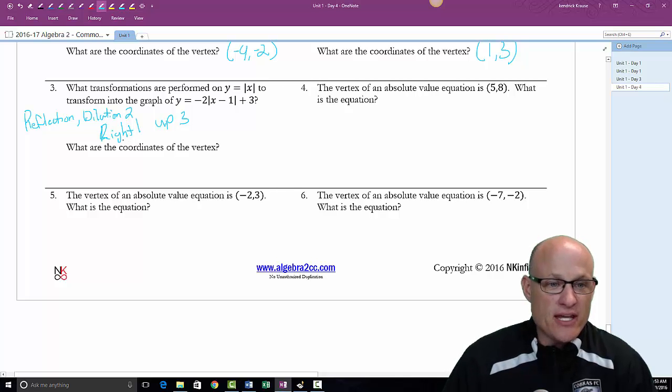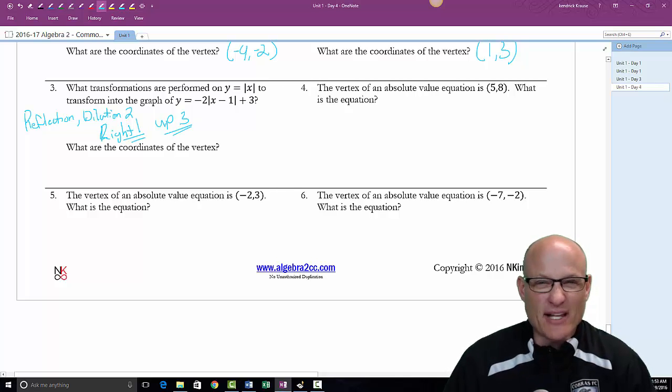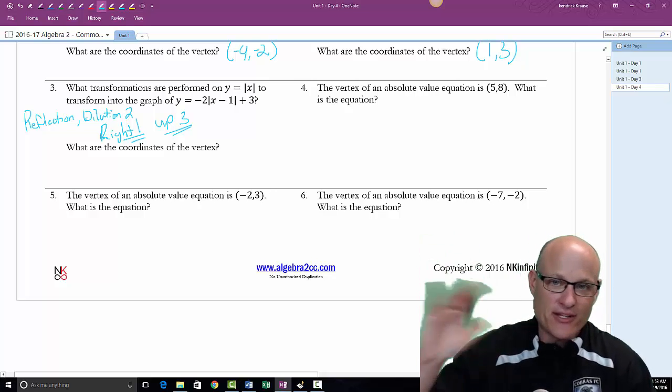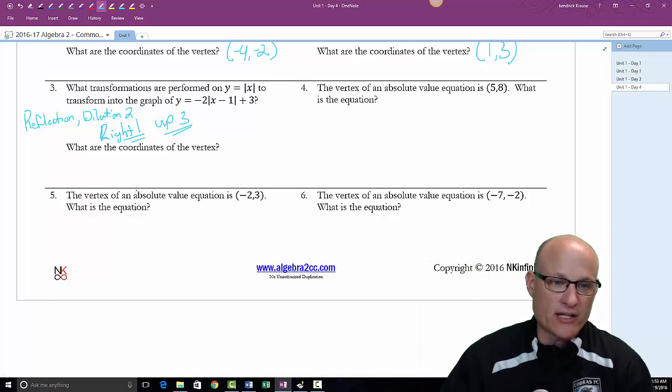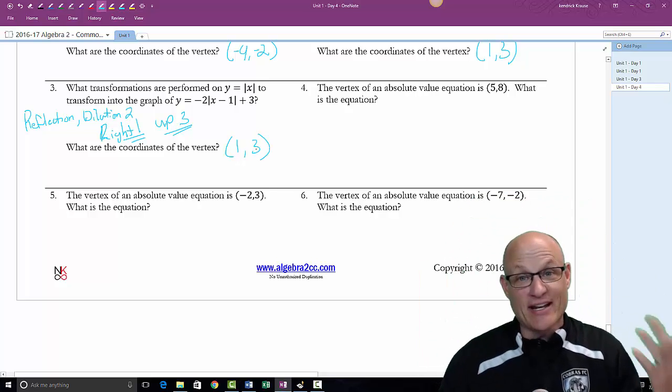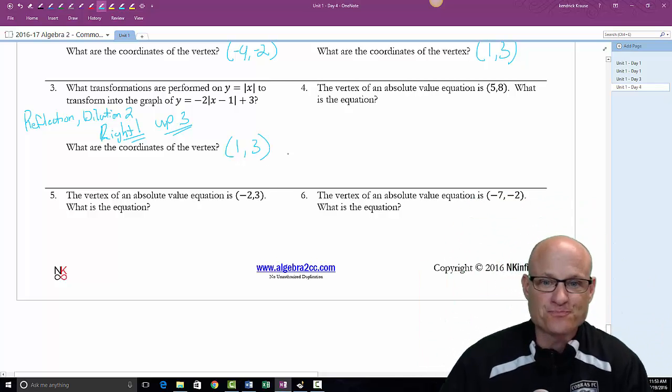Now, these are the only ones that come into play with the vertex. Remember, the dilation and the reflection have nothing to do with where the vertex is. These do. So my new vertex is going to be 1, 3. It's just going to be going down, and it's going to be steeper.